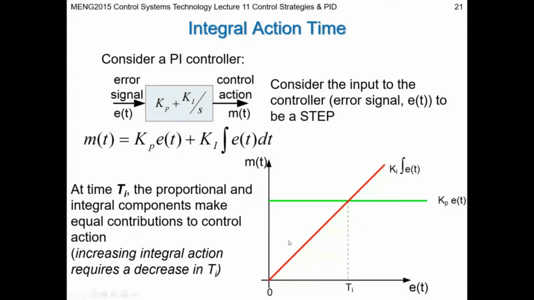And the time it takes for that integral action to exceed the value of your proportional action is going to reduce. So there's a direct correlation or relationship between this integral action time Ti and the relative gains, let's say, of your proportional and integral elements of your controller.